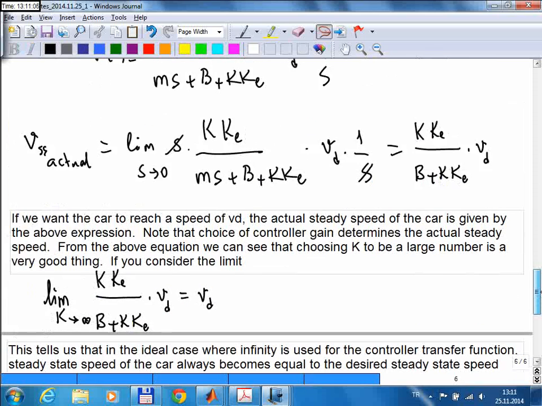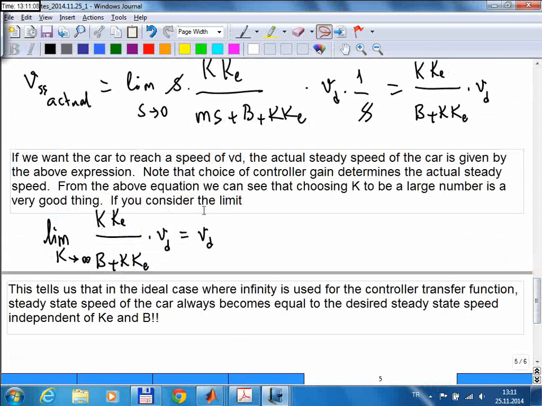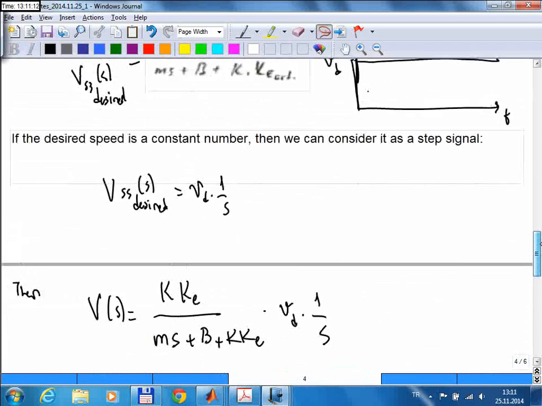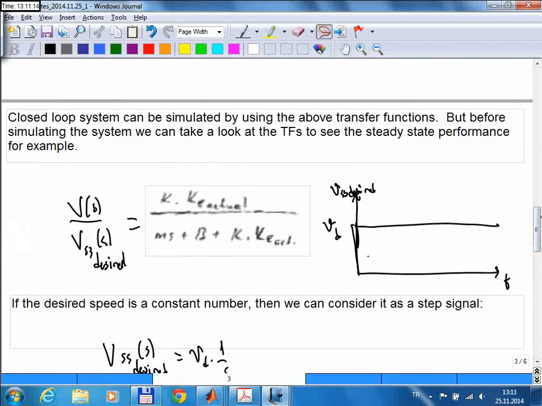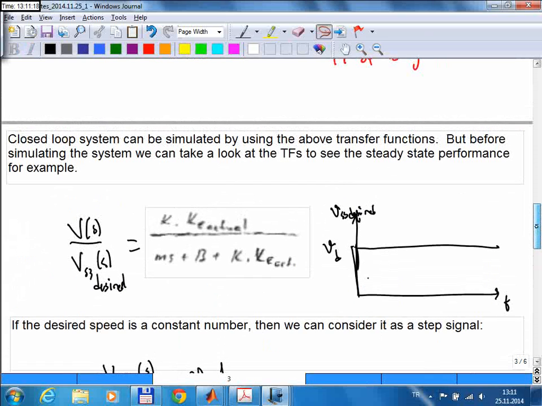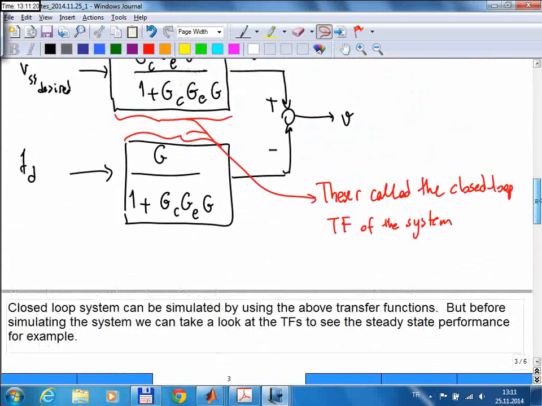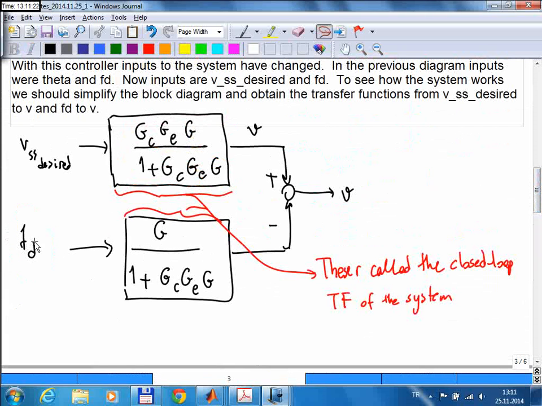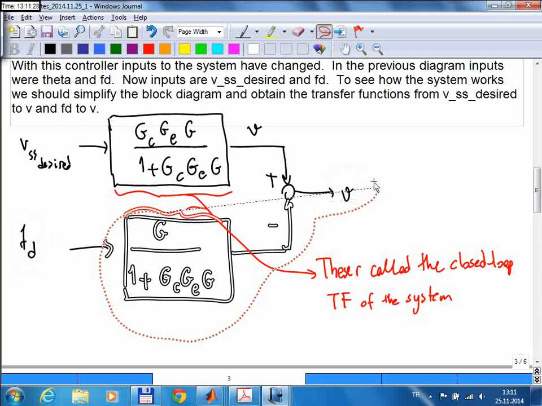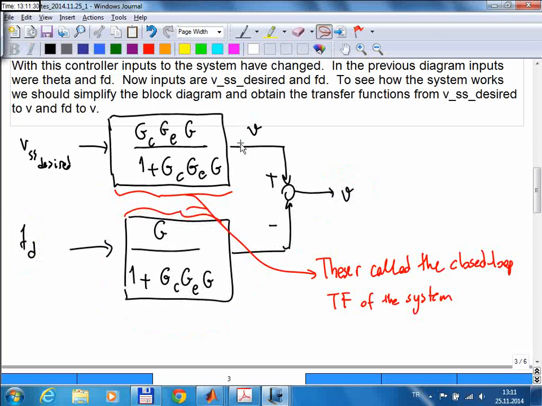Okay, so the question is that this result is independent of the disturbance inputs. In fact, we just ignored disturbance to find that result. Obviously, it is still there, so the disturbance is still affecting the speed. So if there is a disturbance, it will be added to the output of this, and then that's what we should do really.